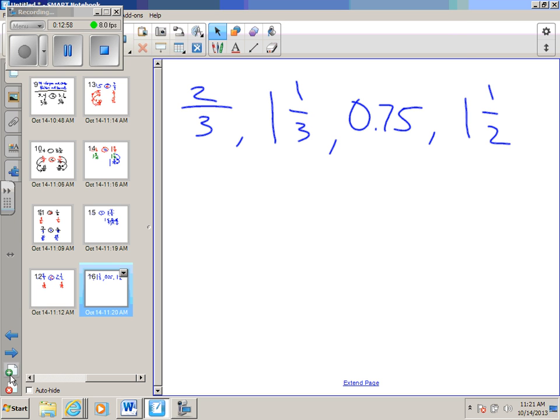Now, we have 4 different terms to work with. And we're going to order these from least to greatest. Okay? So 3 of them are in fraction form. 1 is in decimal form. So we probably would be best off converting the decimal to a fraction, right?